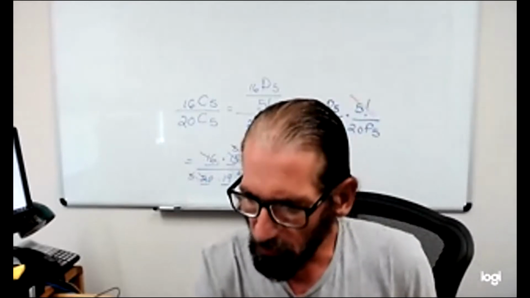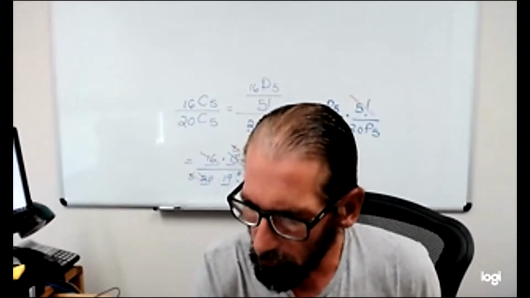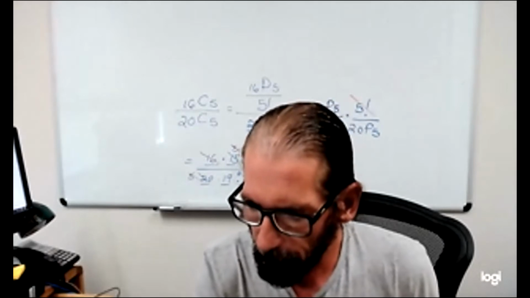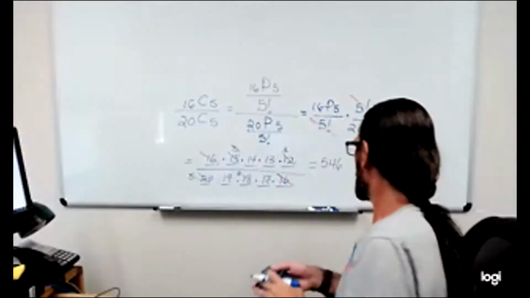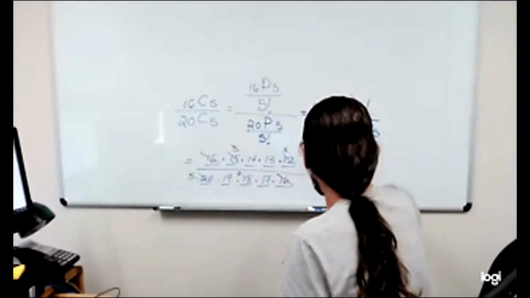Now the multiplication and the division, I am going to use a calculator for. So let's take a look at that. 13 times 3 is 39. So 14 times 39 for the numerator. It's going to give me 546. Oh, let me do a little more reducing before that. 3 over 6 reduces to 1/2.